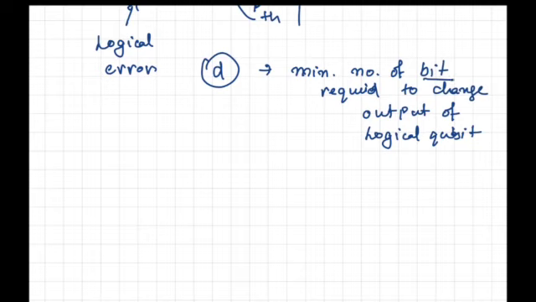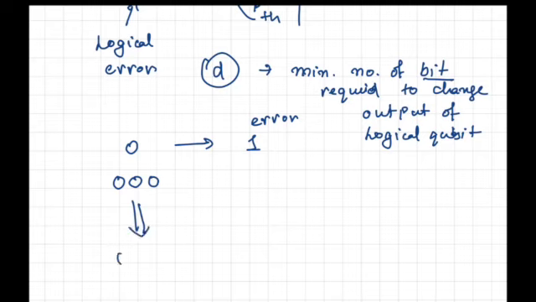If I have a bit 0 that I am going to transfer, and there is an error so it transfers to 1, what I can do is send 3 copies, 000, instead of a single bit. Now if the receiver gets 001, they know that the information sent is 0, because the probability of getting 0 is larger compared to 1.